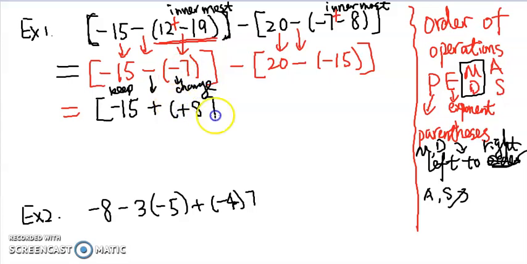Again, it's the same rule: subtracting a number is like adding the opposite of that. So we change minus to plus, and the opposite of negative 7 is positive 7. But the quick rule is just to say keep, change, change.